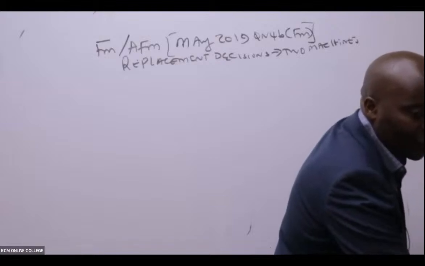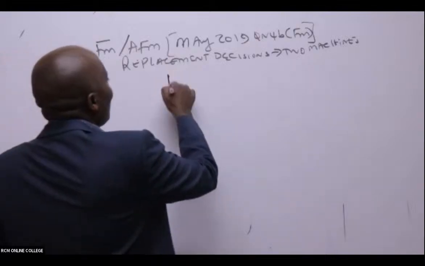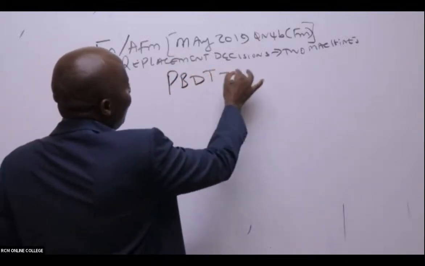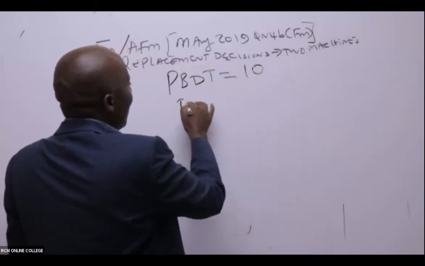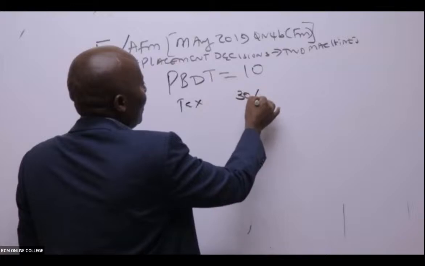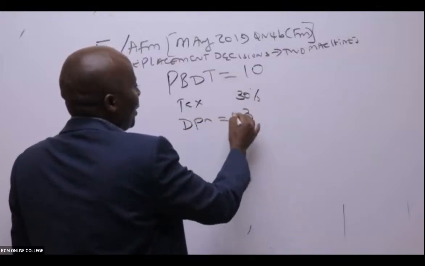But before I start doing it, I would want us to remind ourselves. If you are given profit before depreciation and tax of say 10, and then we have tax of 30%, and then they have given us depreciation of say 3.